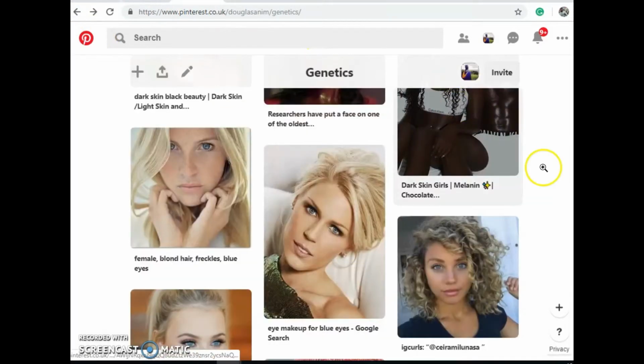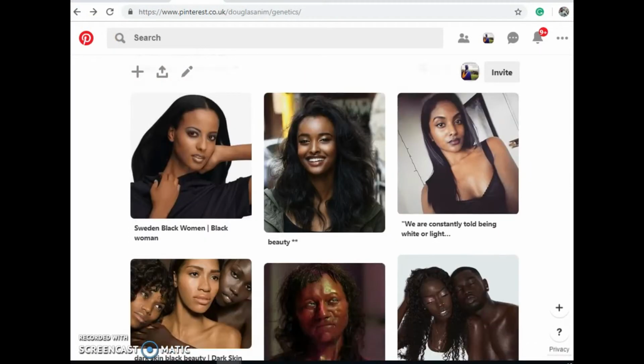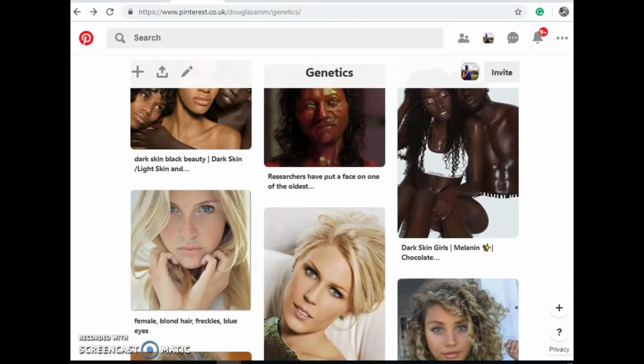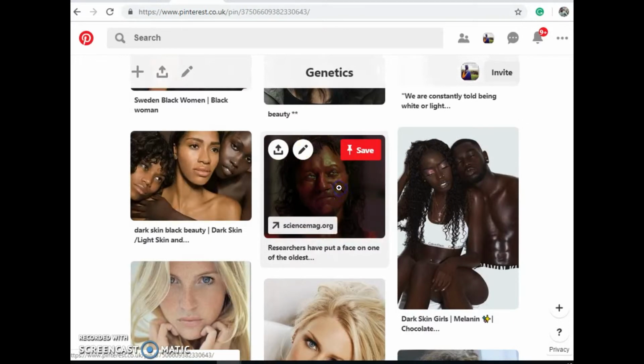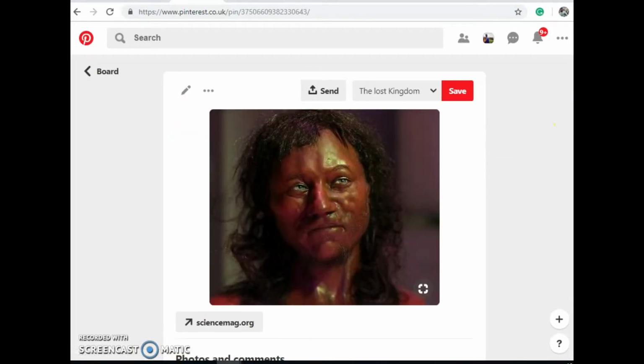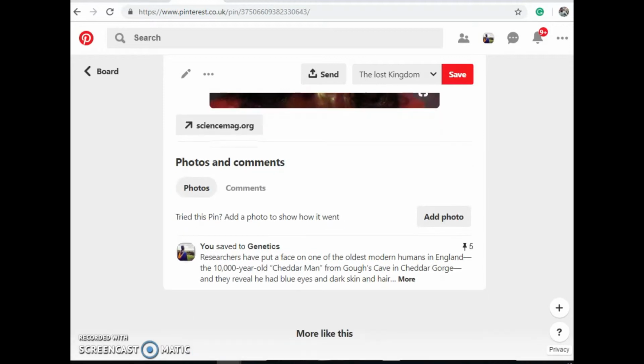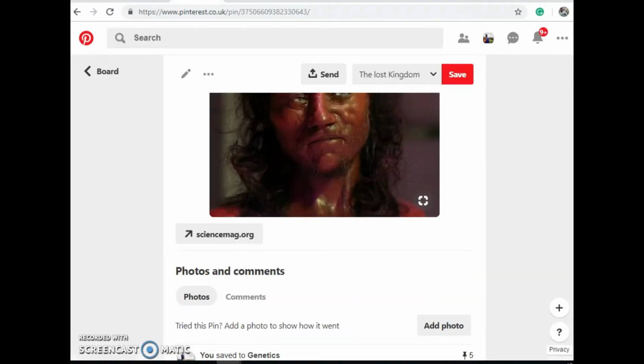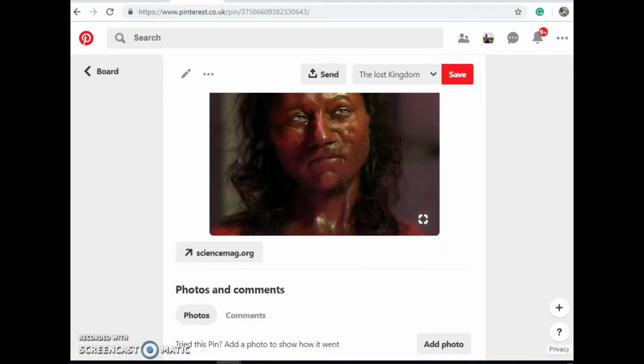But let's get a bit interesting now. Oh yeah, this picture fascinated me. This is a picture of the first British person.